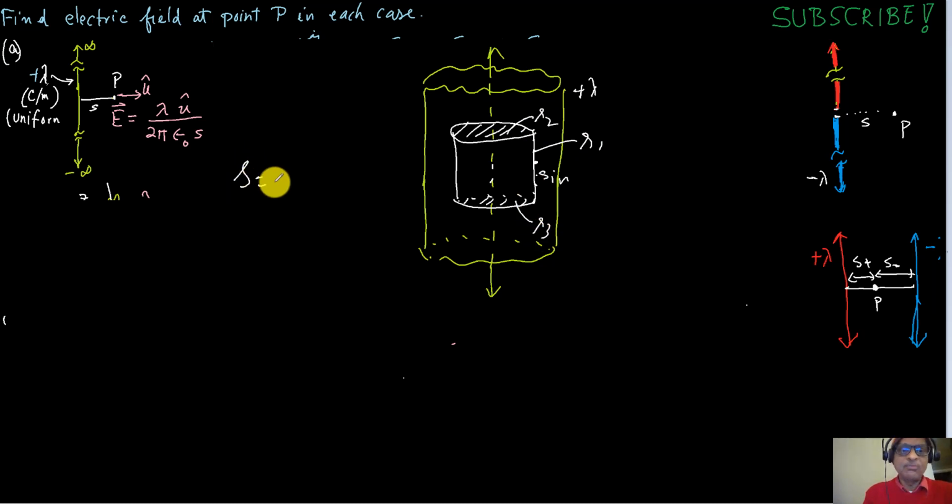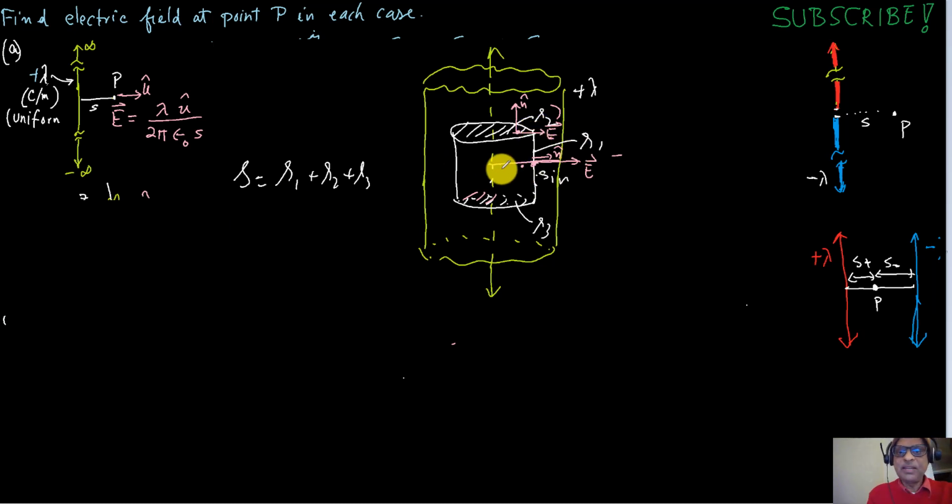So S is made of S1 plus S2 plus S3. At any point on the top, the electric field is pointed away from the axis and the normal is pointed the other way, so this gives no contribution. Similarly, no contribution from the bottom part. But over here, looking at the corner along the x-axis, E is pointed that way, and the normal is pointed that way, so it's going to be the same way.